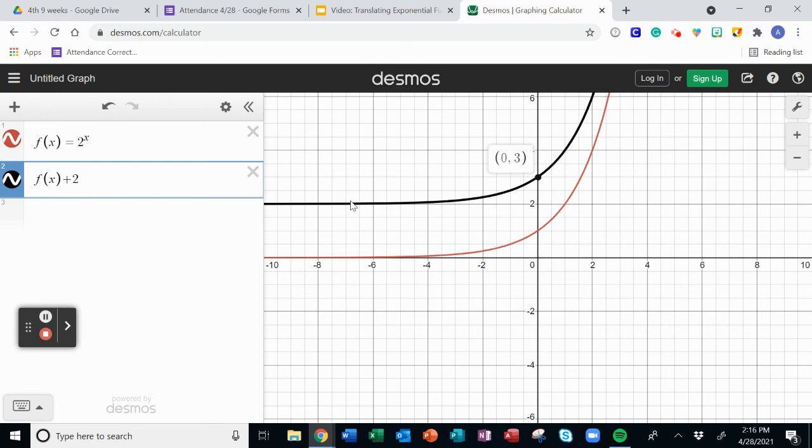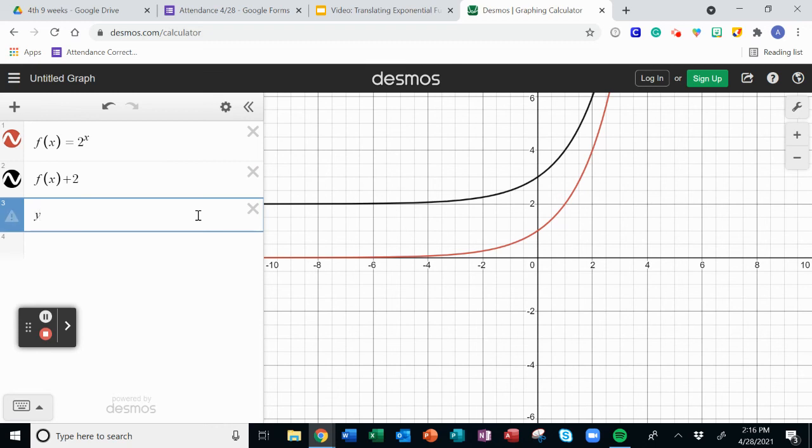So now we have a new horizontal asymptote, right? When our graph shifts up or down from the parent function, the asymptote changes. This one is now y is equal to 2. It coincides with the number that we're adding or subtracting. So our asymptote is y is equal to 2.